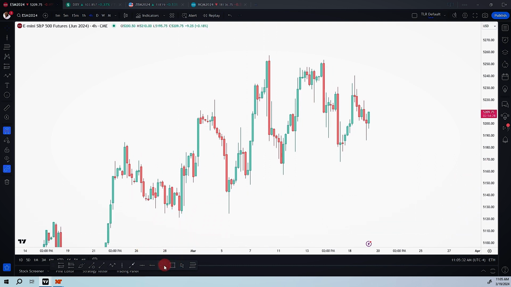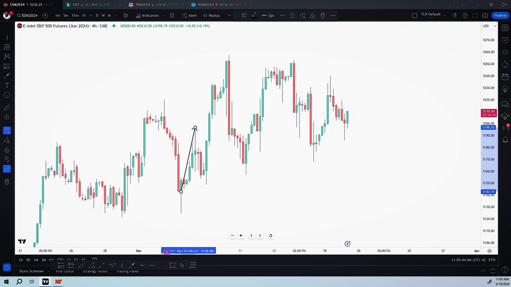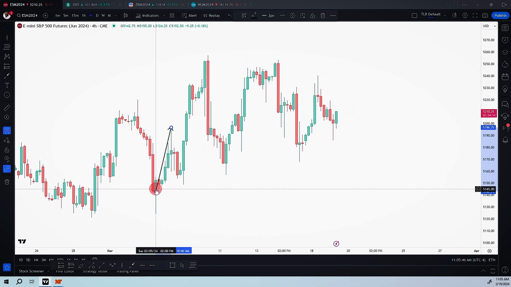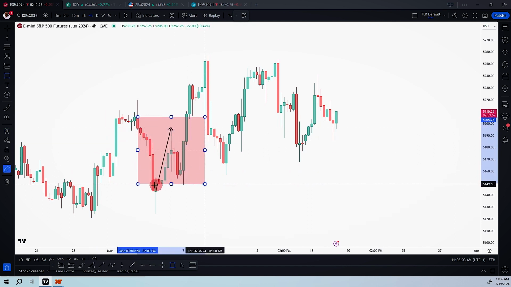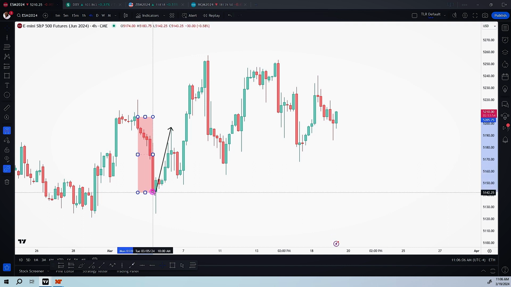For example, you see this move here, right there. You see that up move, a big up move from there. Smart money was scaling into positions on the way down.